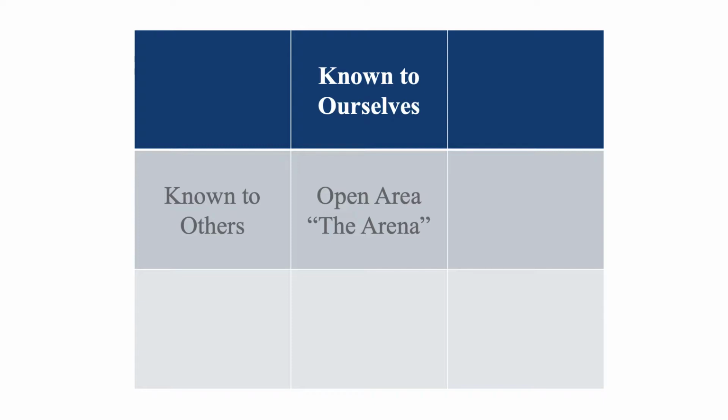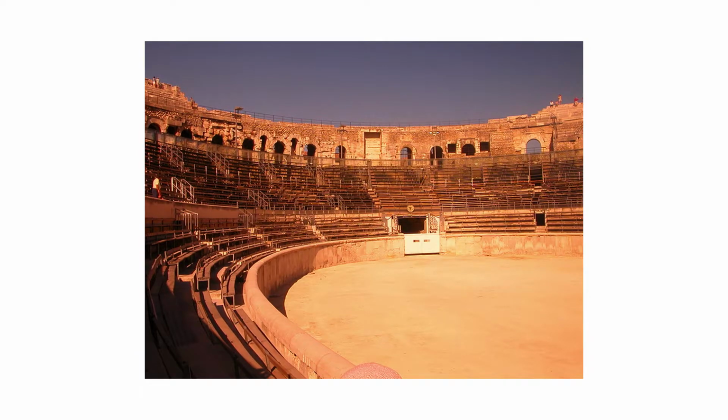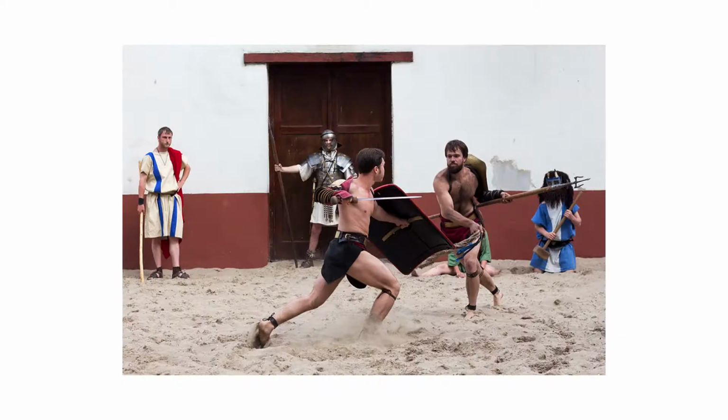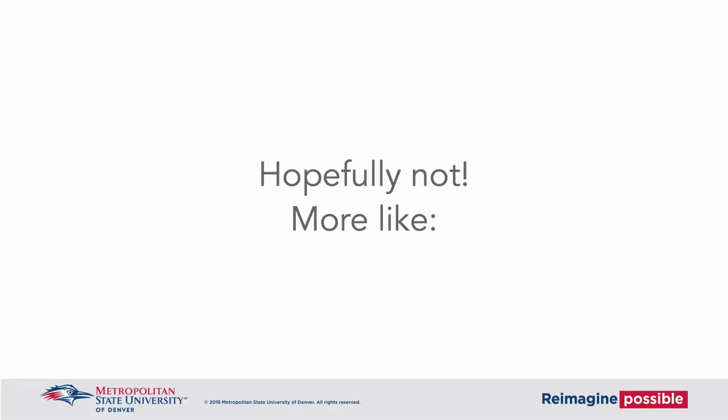Now, when I say arena, you might think something like this. This is an ancient Roman gladiatorial arena. This one happens to be in France, but you know the type I'm talking about. And you may even therefore be imagining something like this, which is two gladiators fighting to the death. That, frankly, and hopefully, is not what the arena looks like in your place of business now and in the future.